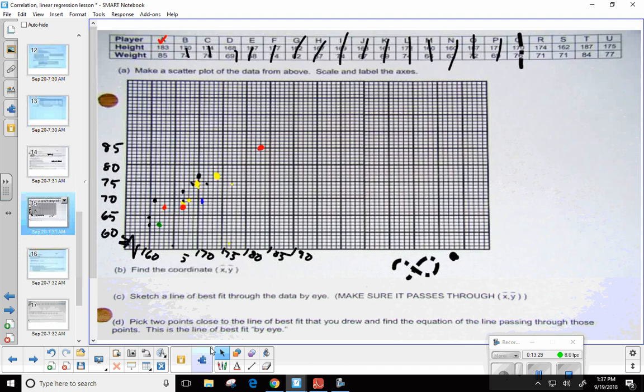Peyton. 174, 71. Okay. 174, 71. Next up.